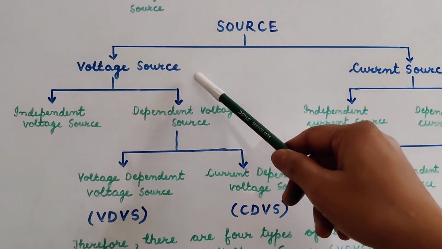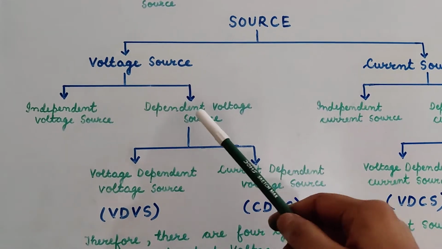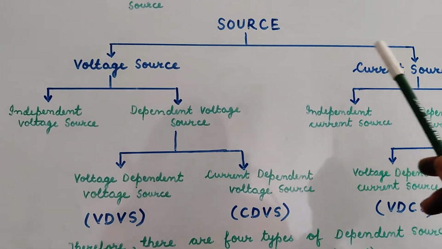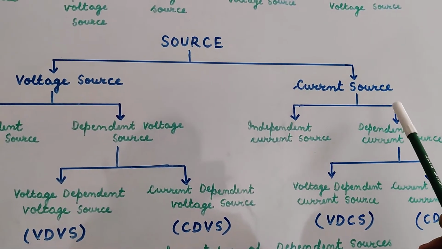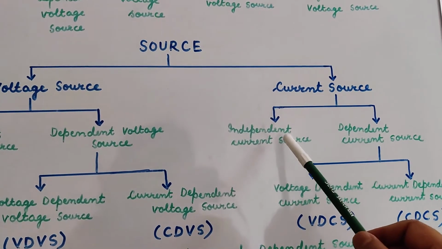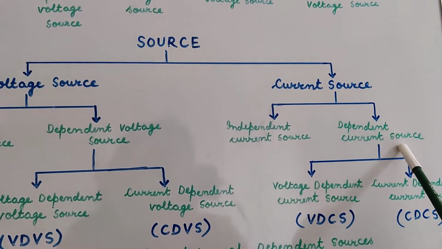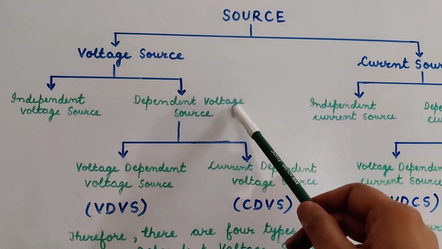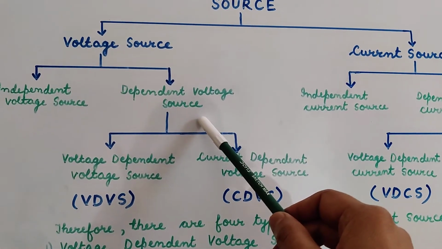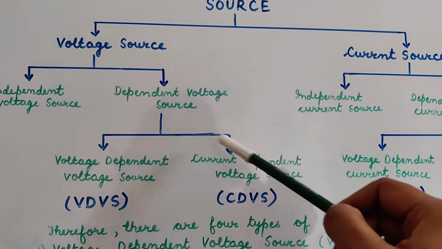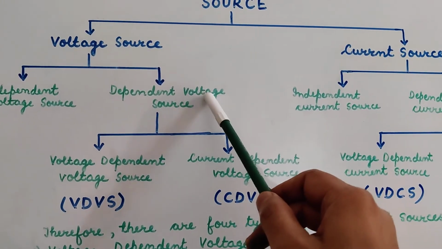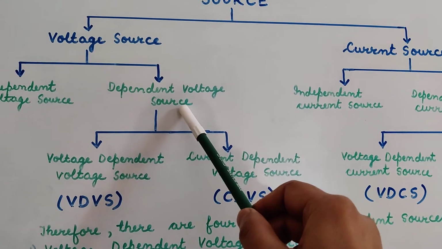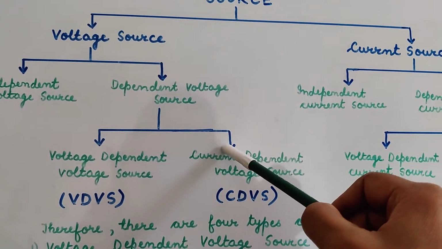Again, we can classify the voltage source as independent voltage source and dependent voltage source. Similarly, we can classify the current source as independent current source and dependent current source. Now again, this dependent voltage source can be of two types depending upon whether it is voltage dependent or current dependent.